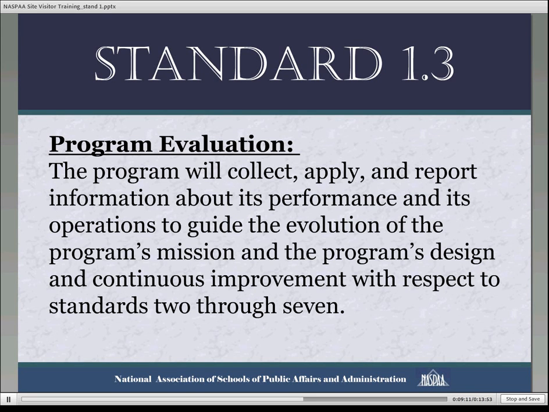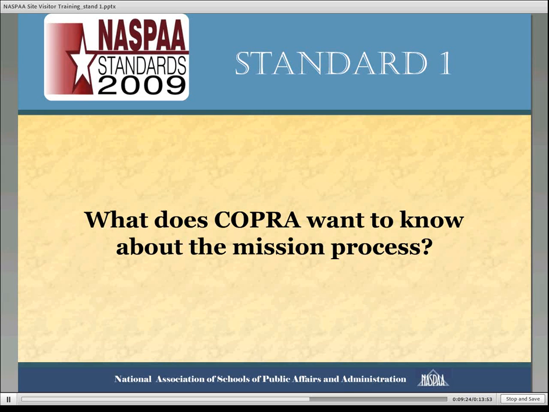So the particulars of the data that's collected and the use of it comes up with respect to later standards. Standard 1 is all about trying to assess, are they managed well in the sense of having this process in place. So what does that mean?